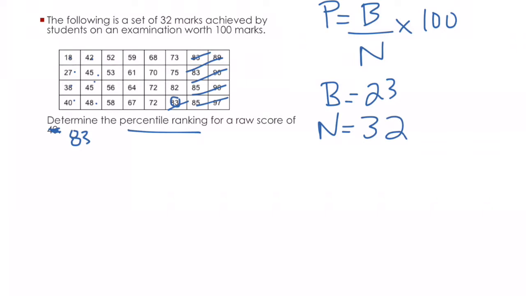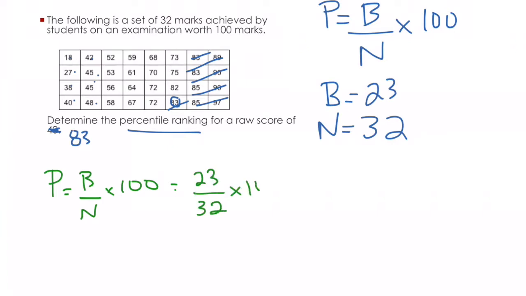Now that I know those values, I can plug those numbers in. So this is 23 over 32 times 100, which works out to 71.875, which works out to about the 72nd percentile.